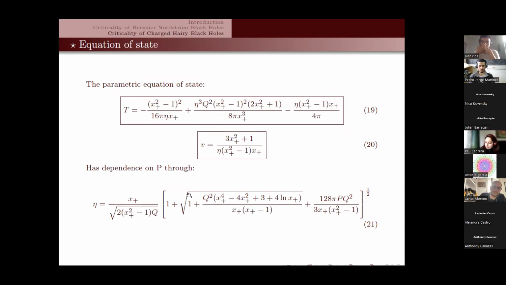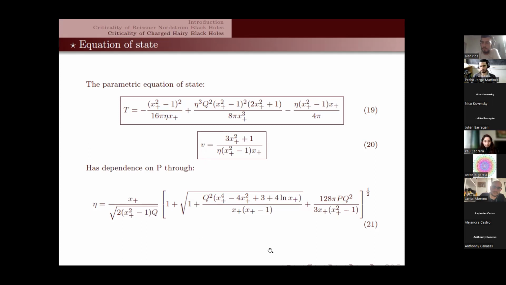So it is not possible to find an analytical equation of state, but we can analyze it parametrically, with x being the parameter. So we can plot our results numerically.